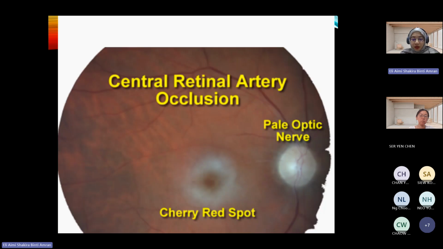For central retinal artery occlusion, other signs you can see are a pale optic nerve and a cherry red spot at the macula. This is in severe cases, where the retinal artery occlusion is already severe or 100% blocked.